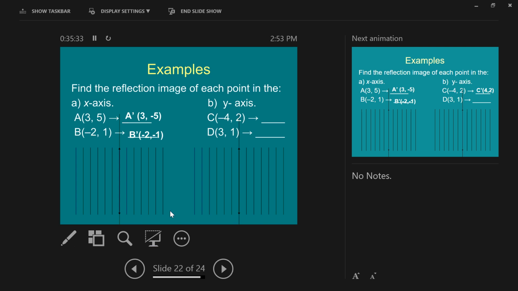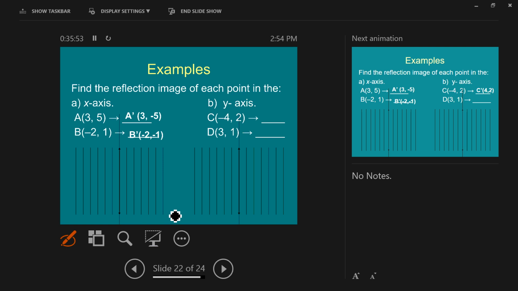Okay. And then B is reflecting across the y-axis. So if I had some point -4, 2, and I reflect it across this line, where's it going to end up? 4, 2. So on that one, what changed? Right, the sign of x.